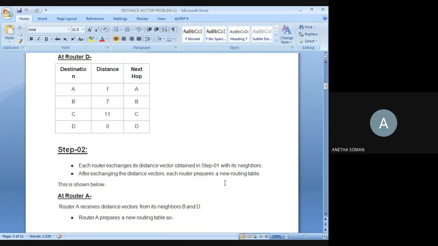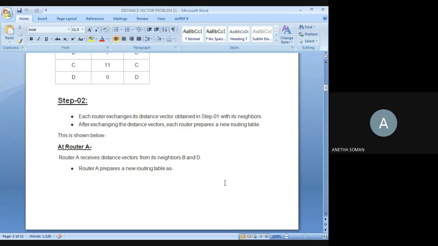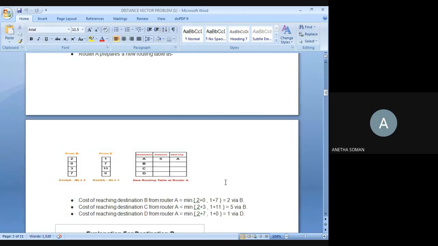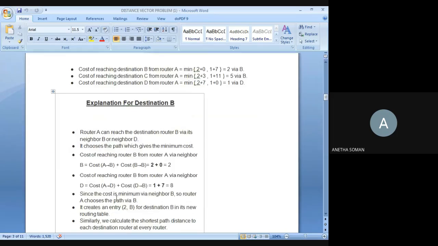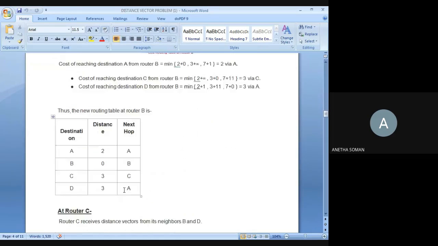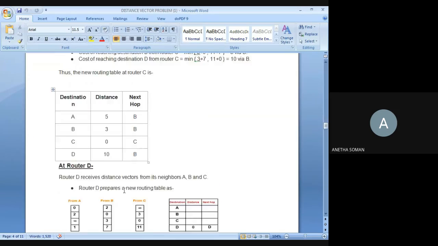Once they share their distance vectors with the neighbors, you have to find the minimum cost in reaching each destination. And you are finding that with respect to the Bellman-Ford algorithm. You have an equation, and based on that equation you are finding the least cost of reaching the destinations. So you have found it out for router A, router B, router C, and router D.